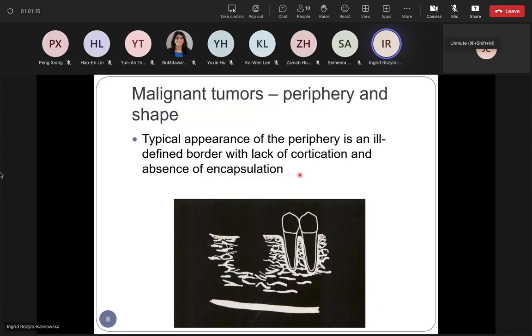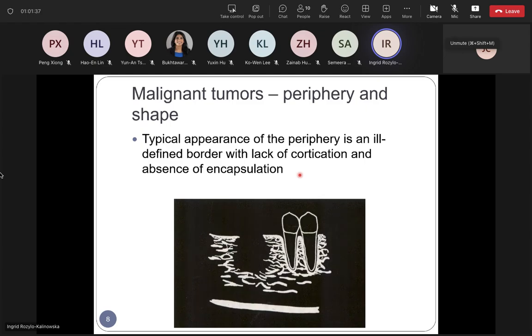They grow aggressively, so the organism doesn't produce a cortical rim around such a tumor. Of course, I'm always saying usually, because you never know. And there is no capsule for such a tumor.